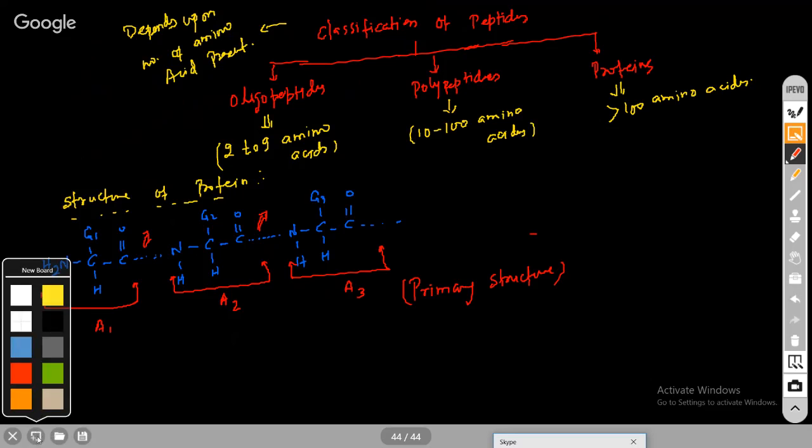Like I said, the primary structure won't be a straight chain, but it will be in the form of a spring, right? And that structure will be like this. It's not that good, but it will be bent at some point because of the attraction due to the electronegativity difference. Understood?